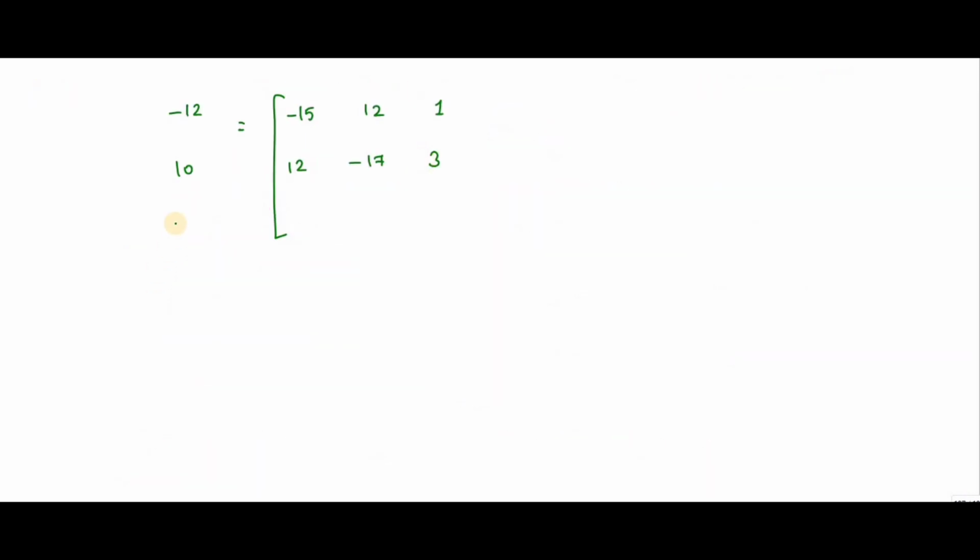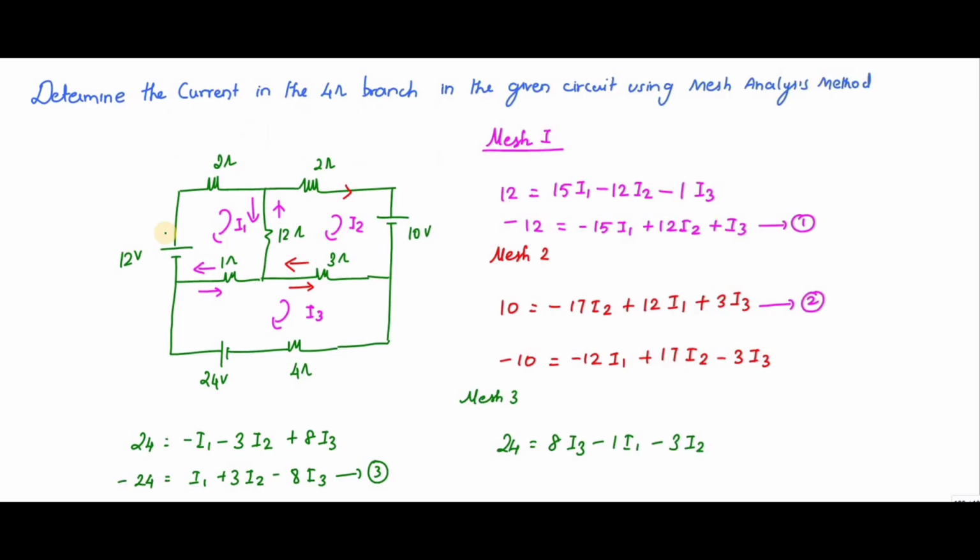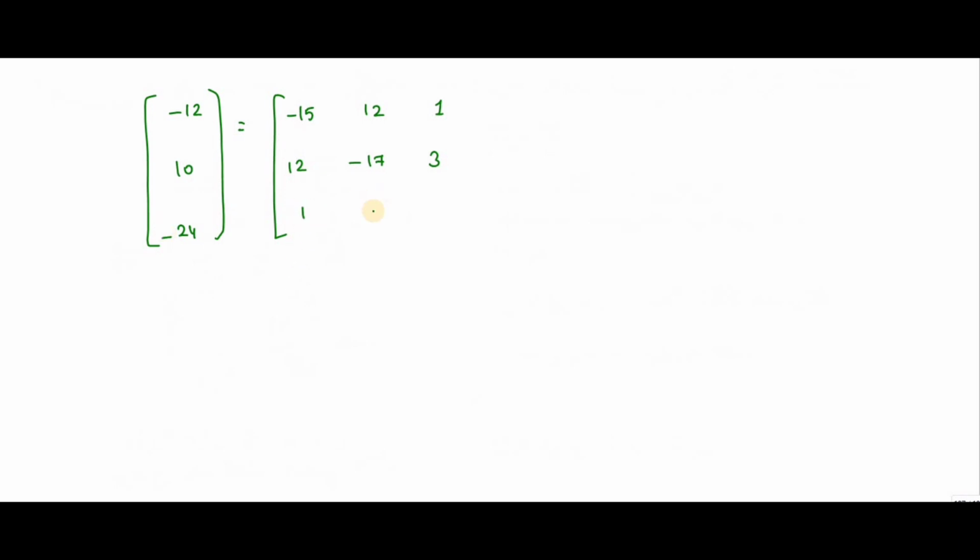Then the third equation: minus 24 is equal to 1, 3 and minus 8. Thus, if I multiply with I1, I2 and I3, I will get these values.